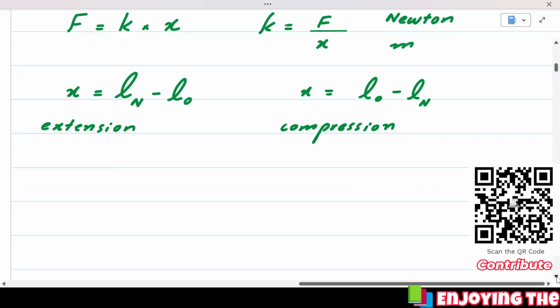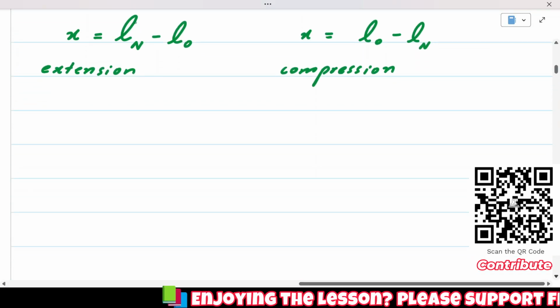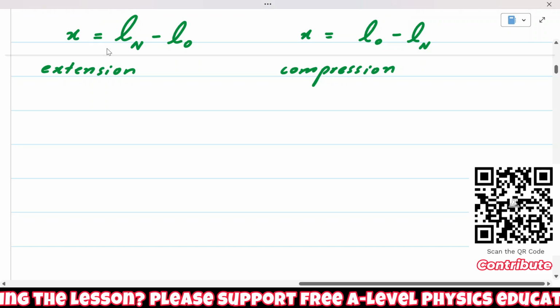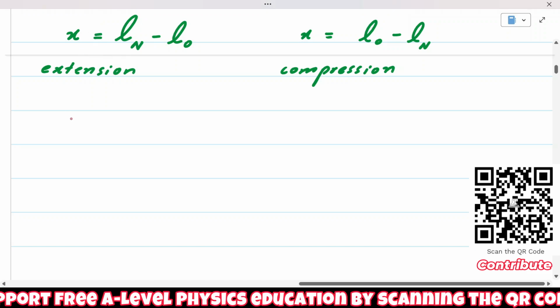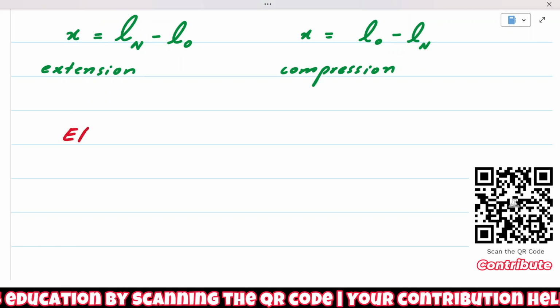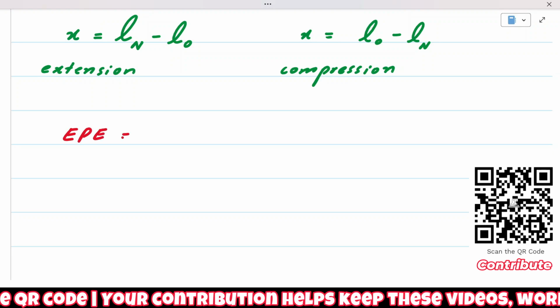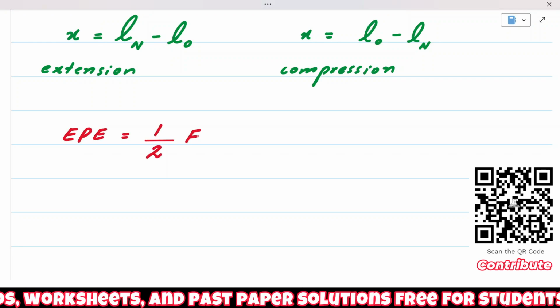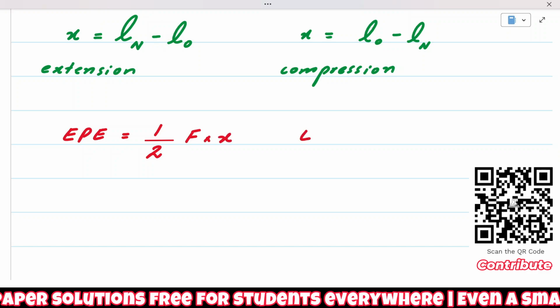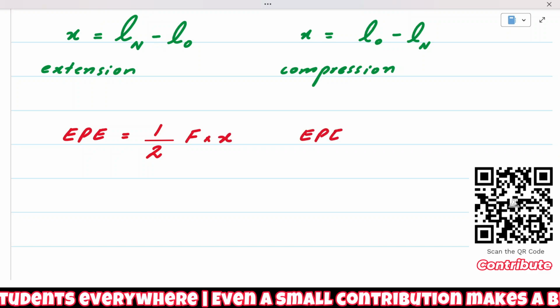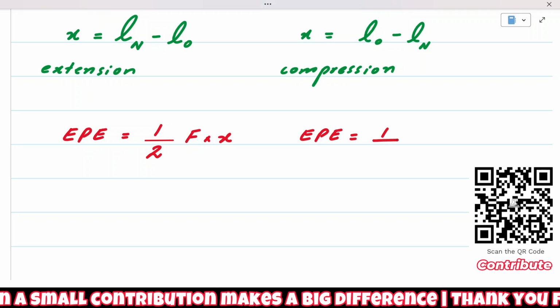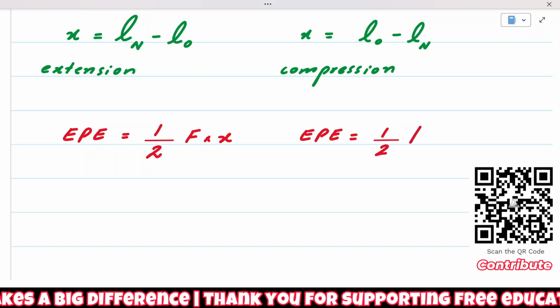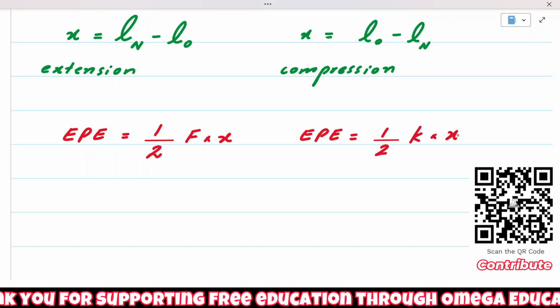Another formula that we have, very important one, elastic potential energy. So right now I'm just listing the key formulas that could be used. EPE equals 1 over 2 F times X. Another formula of elastic potential energy is 1 over 2 K times X square.